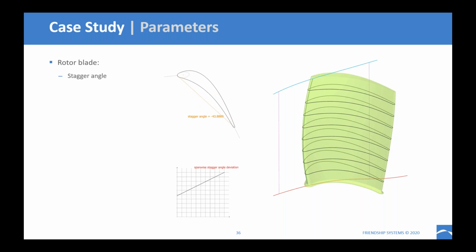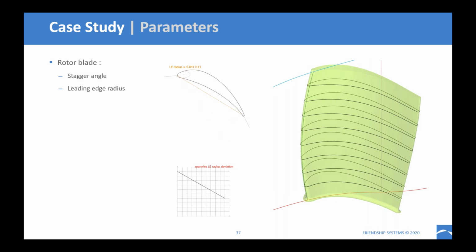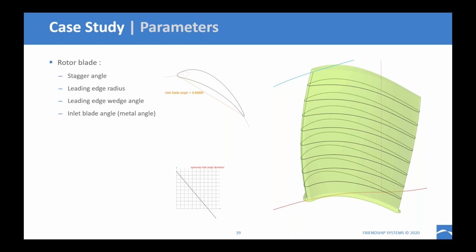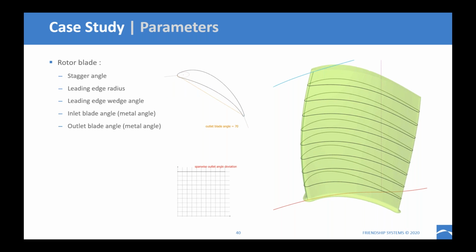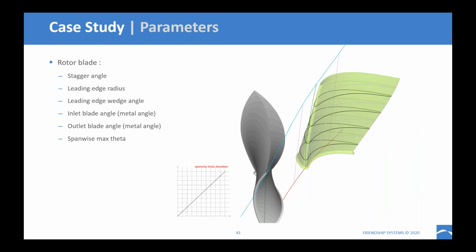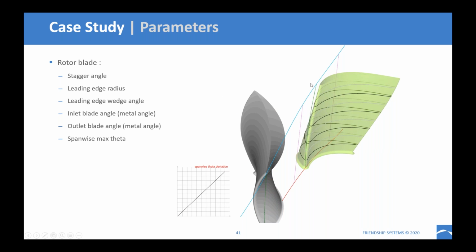So I don't need to explain much. I'll just click through the animations so you get a feeling again how it influences the shape. Again, the leading edge wedge angle, the metal angle at the leading edge and at the trailing edge, and the max theta, the lean of the blade.